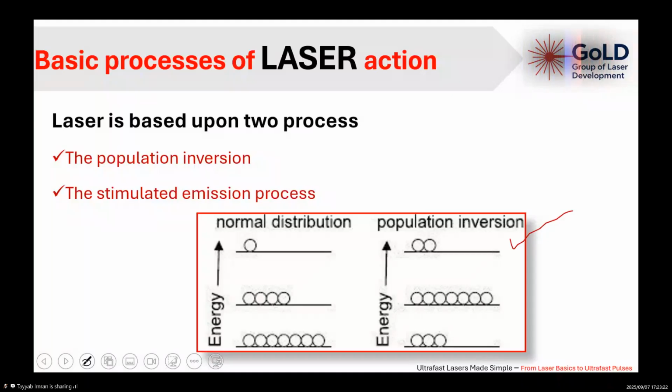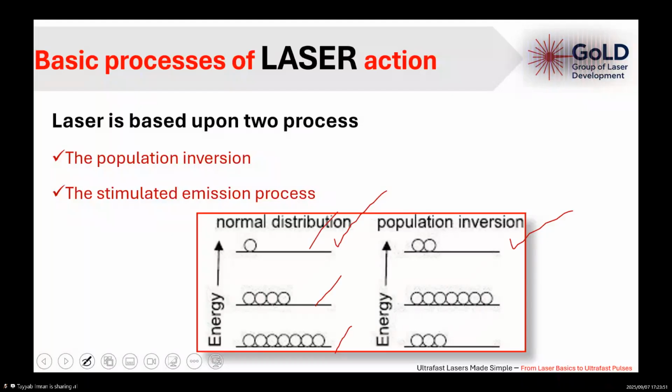So in case of a normal distribution, the lowest energy level is highly populated. Okay, so electrons mostly stay there. And then higher, and then the highest one, it's not populated.